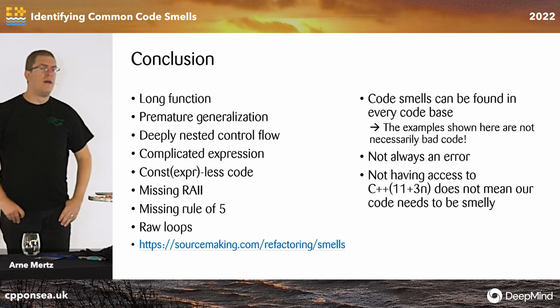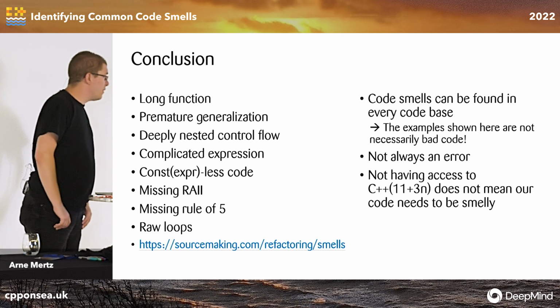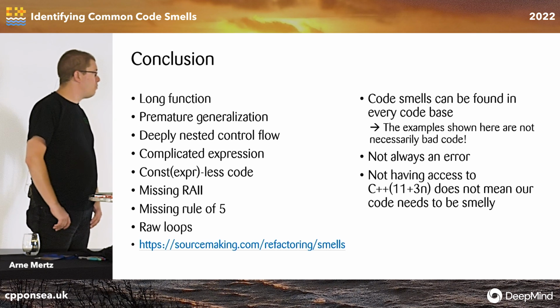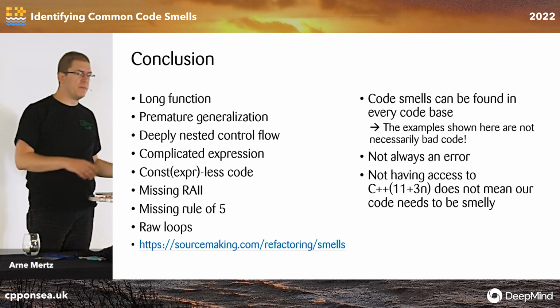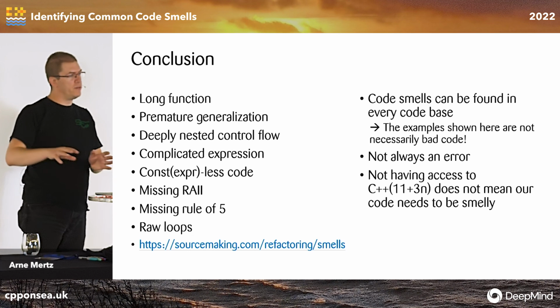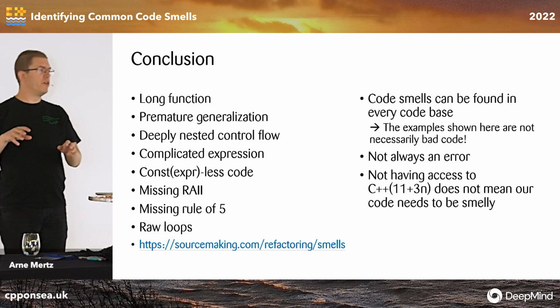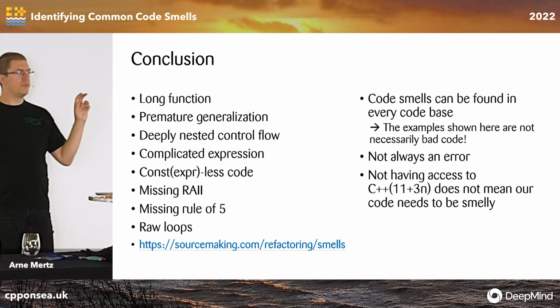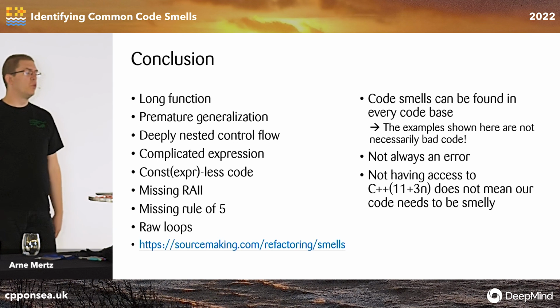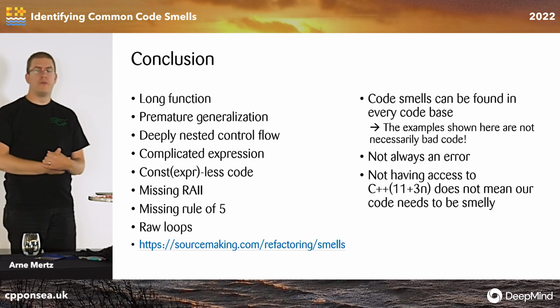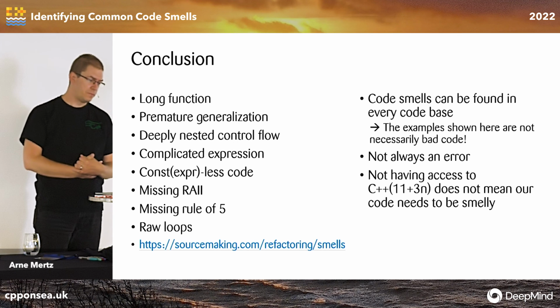Not all apply equally importantly to C++, because some smells are more in the direction of Java, C#, where you have purely object-oriented thinking, which doesn't always apply for C++. But still there are a few learnings that you can have in there.